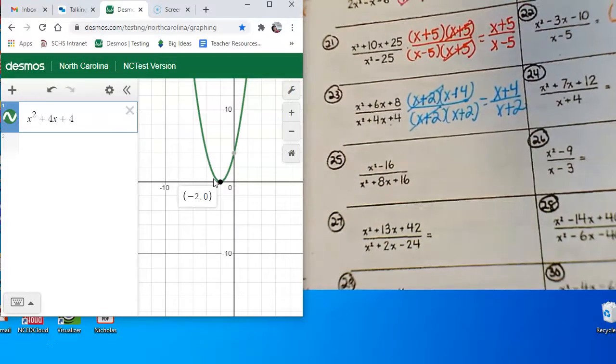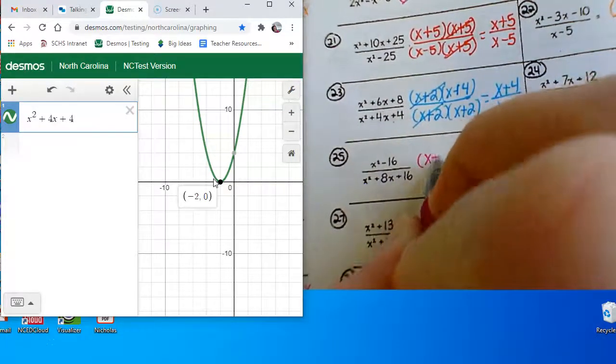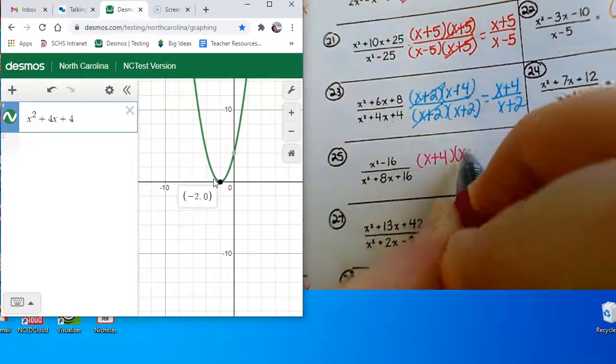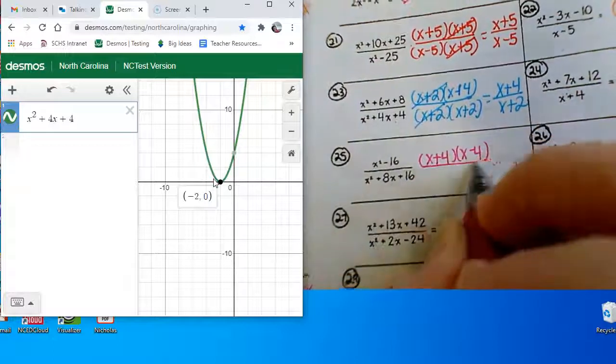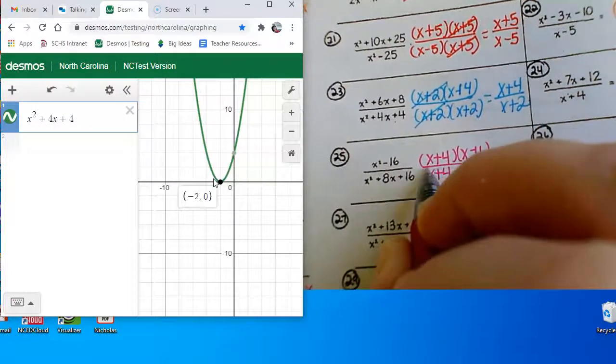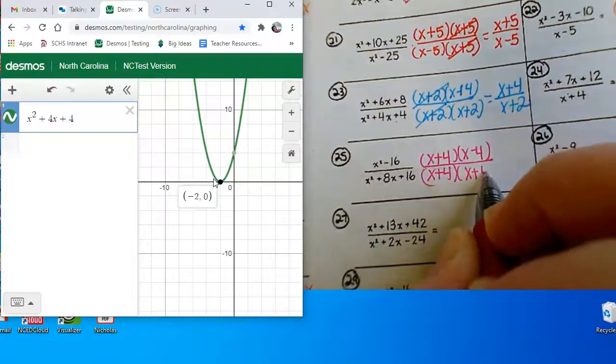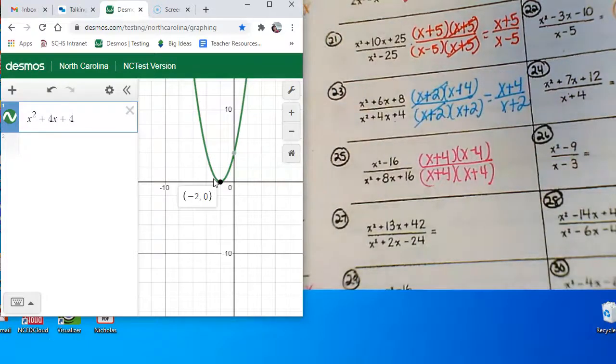25 is another one that has a double root on the bottom. On the top, if you remember what the difference of two squares is, you can do it that way, or you can just graph it. Again, the bottom is a double root, so you get a double root at negative 4. Put both of those x plus 4's.